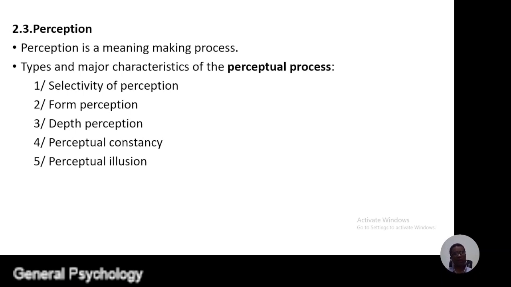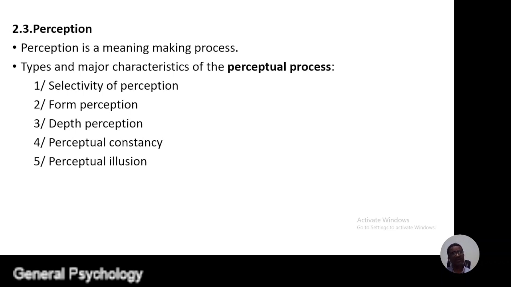The other issue in this chapter is perception. Perception is a process of making meaning of certain information. As we said before, we obtain information by using our sense organs.